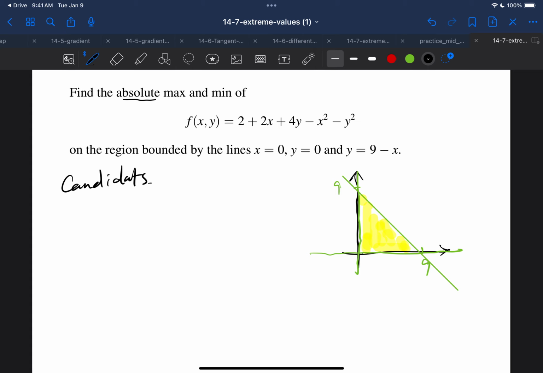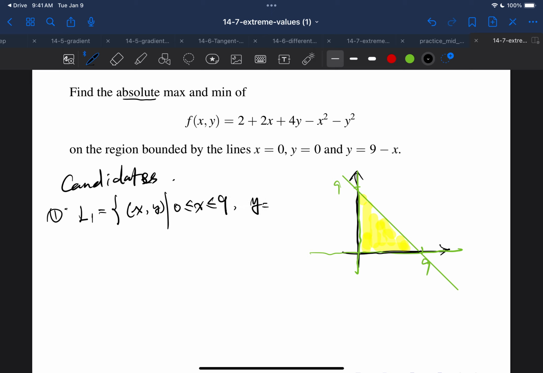Let's say the first part of the boundary, I would write this as R1, which is all (x, y) where x is running from 0 to 9, but y equals 0.